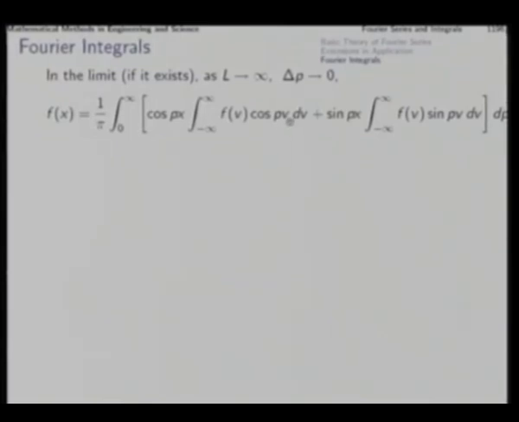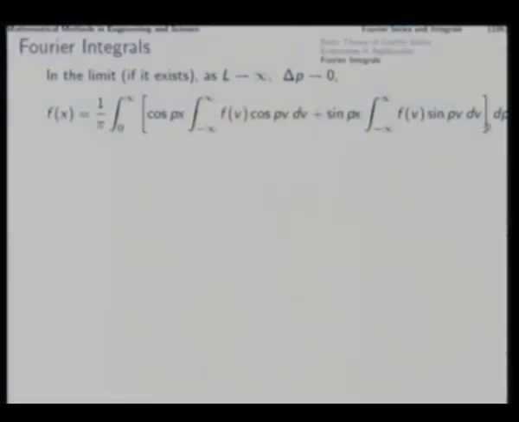Now, in the Fourier integral, this is the coefficient available in the form of an integral, and similarly this integral over an infinite domain of the continuous variable v. So, these two integrals are the coefficients, and the Fourier integral representation turns out to be a superposition of infinite such components with continuously changing value of p.